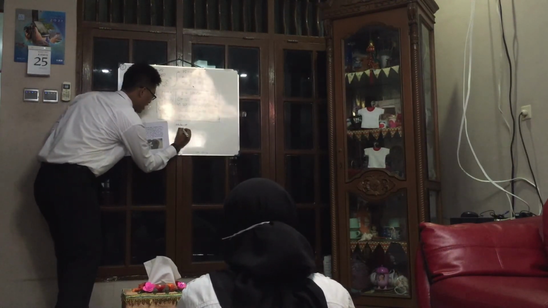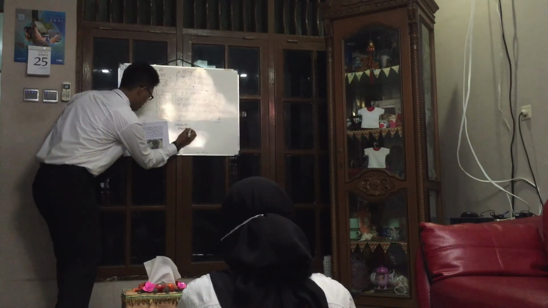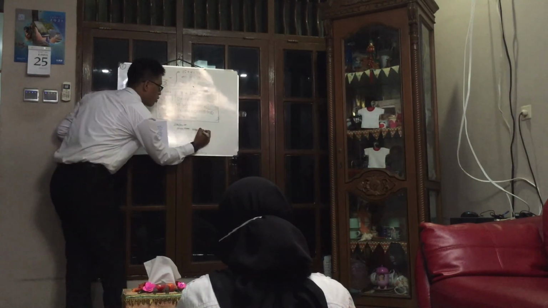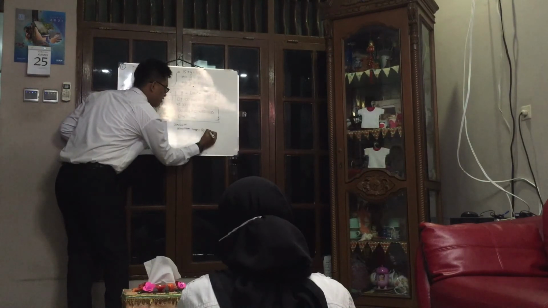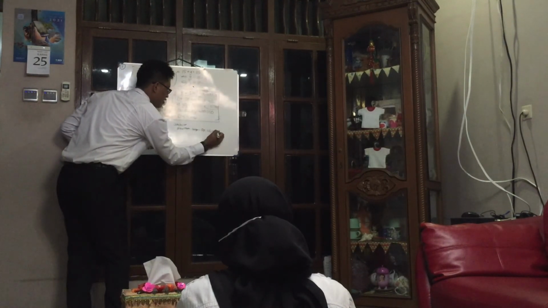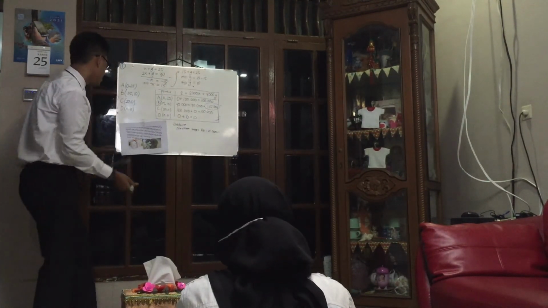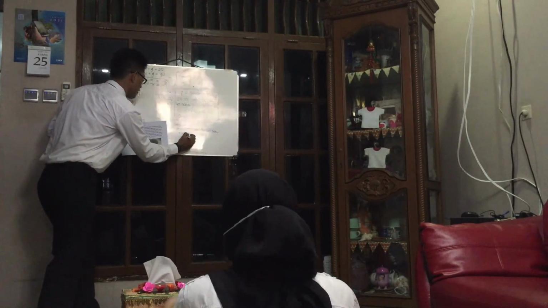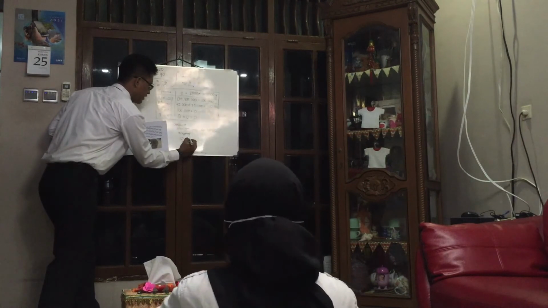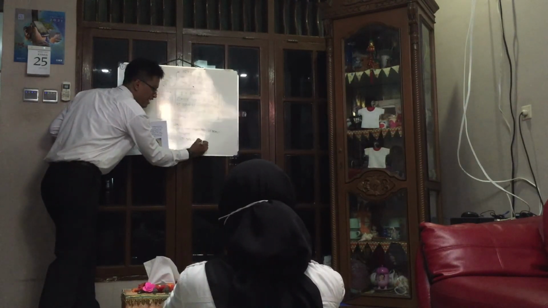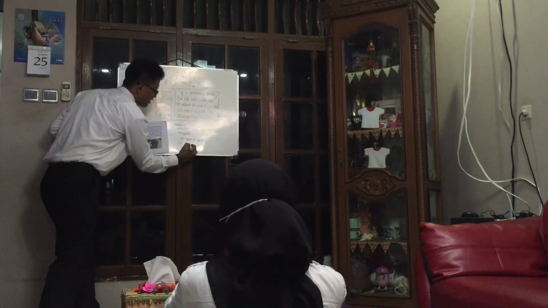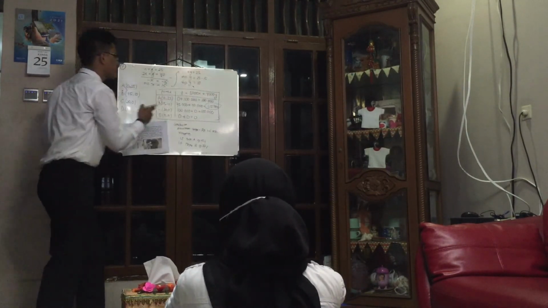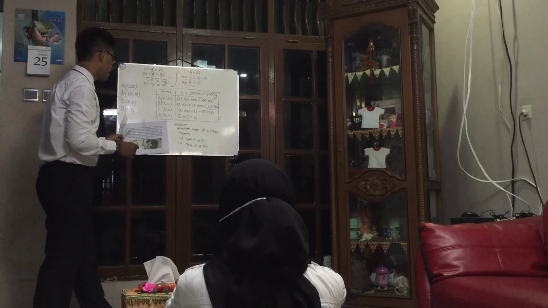The maximum wage that the employee can receive is 150,000 rupiah when wrapping 15 type A gifts and 10 type B gifts. Sorry, I used Z here. Okay, so the example here is done.